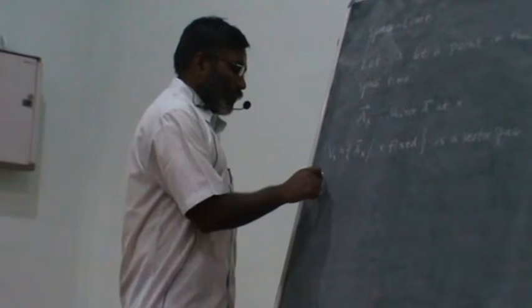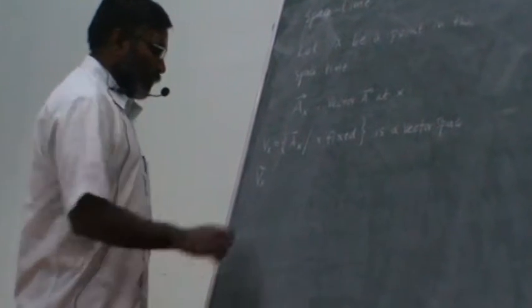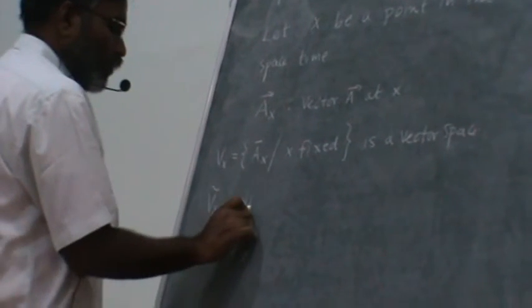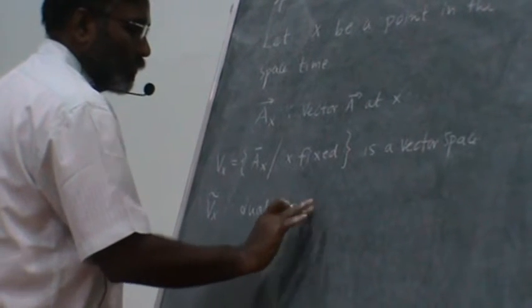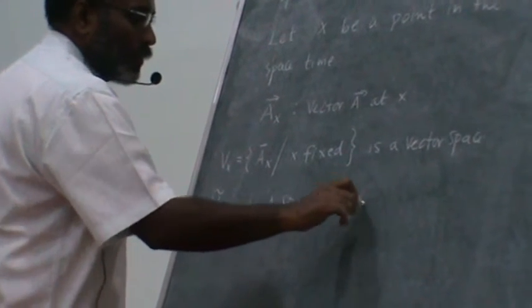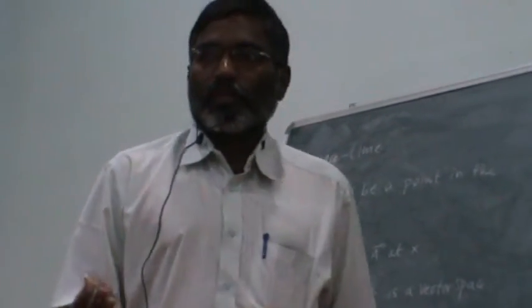Okay? You can also have the set of all one forms that are defined. This is the dual space at x. So at every point in the space, you can define a vector space and its dual, so that all that we have discussed can be defined at a point in the space.